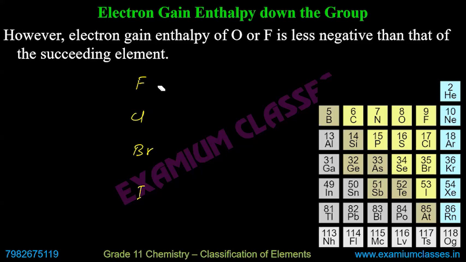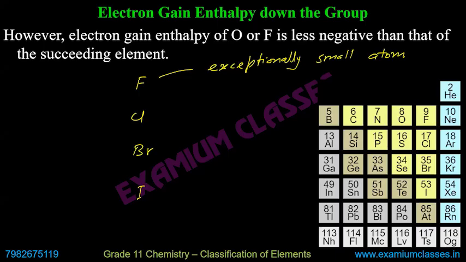And why? When these atoms gain an electron, they attain noble gas configuration, and that's why a huge amount of energy is released. They become stable. In case of fluorine, fluorine is exceptionally small, something I talked about in the previous class as well. Exceptionally small means smaller than its theoretical value.